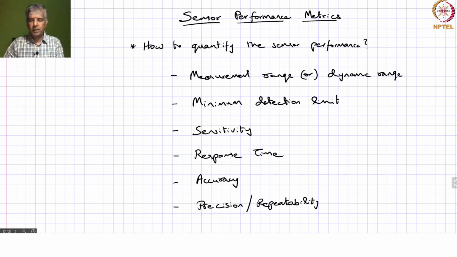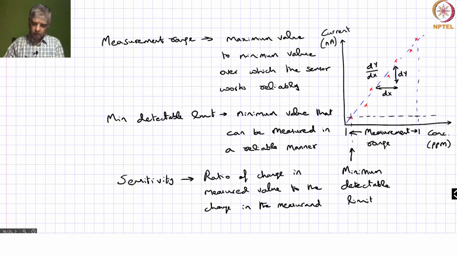And specifically, when we were talking about minimum detection limit, we were saying that this minimum detection limit is limited by the noise in the optical sensor.